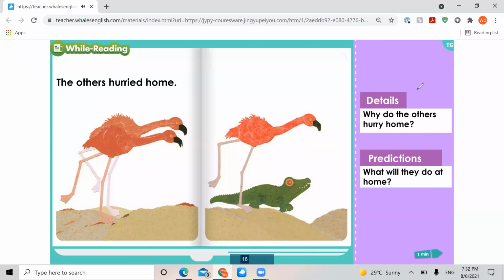The others hurried home. Why do you think they're hurrying home? You're right. It was getting late. What do you think they're going to do when they get home?